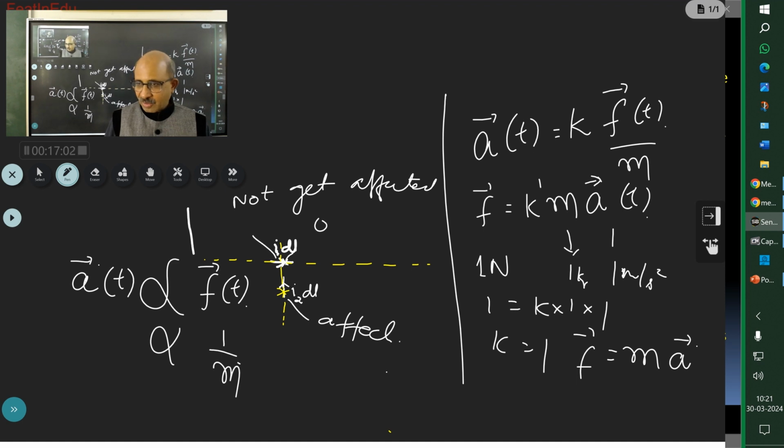If you keep 5 units of 1 kg on one side of the balance, you will say 5 kilos. But for a 5 Newton force, what will you keep? How will you measure?